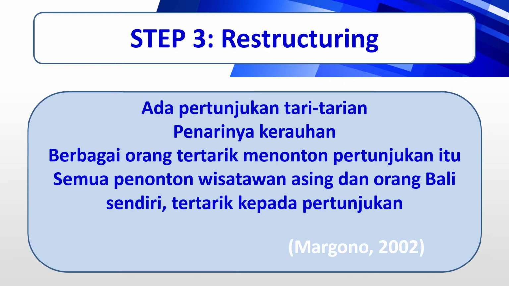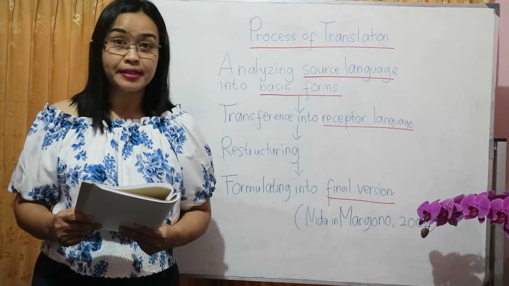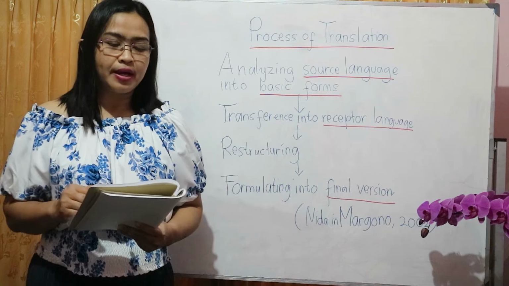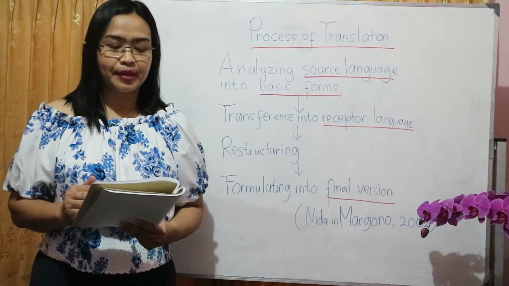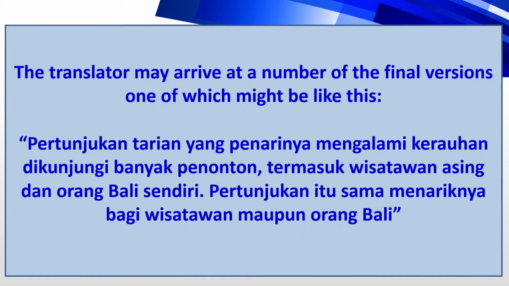So, the translator may arrive at a number of final versions, one of which might be like this. Pertunjukan tarian yang penarinya mengalami kerauhan dikunjungi banyak penonton, termasuk wisatawan asing dan orang Bali sendiri. Pertunjukan itu sama menariknya bagi wisatawan maupun orang Bali.